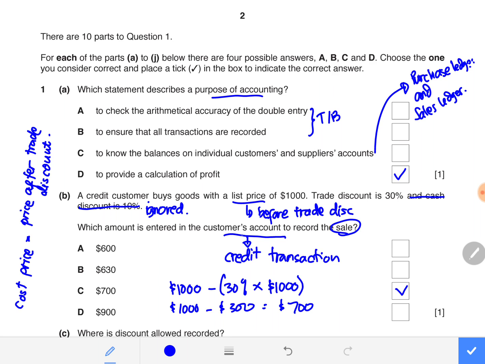If it says customer's account, that means there's no payment made yet, so cash discount is ignored. Cash discount is calculated whenever there is a payment. If there's no payment, it's ignored.